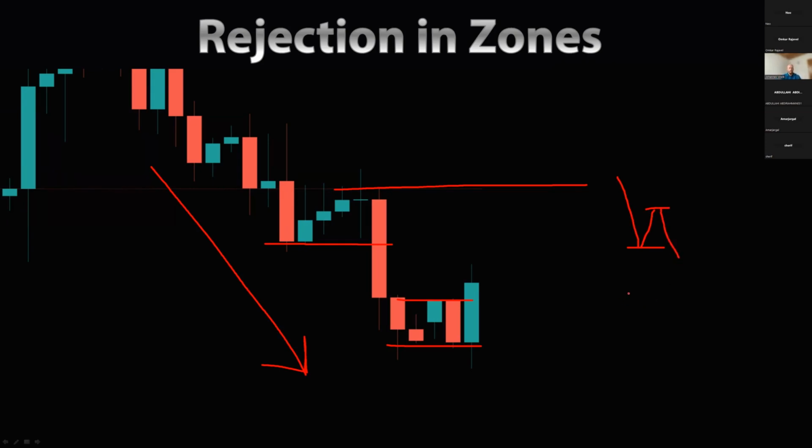Next one is we come down in a downtrend, we create support, and then we range. When we range, whichever way we break out of the range, whether it's down or up, there's a very high probability we can move in that direction. So in this case, I think we came down and we ranged.